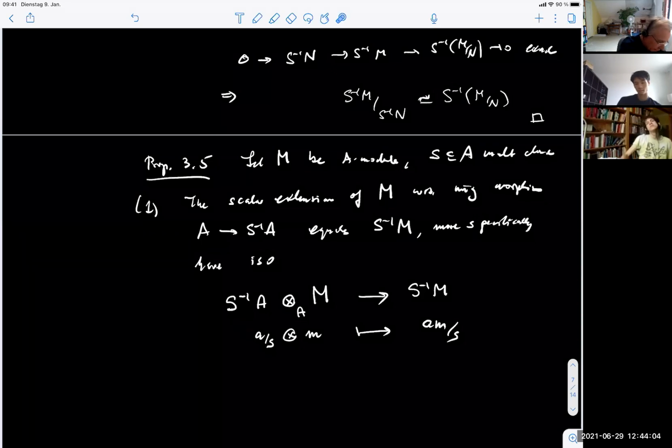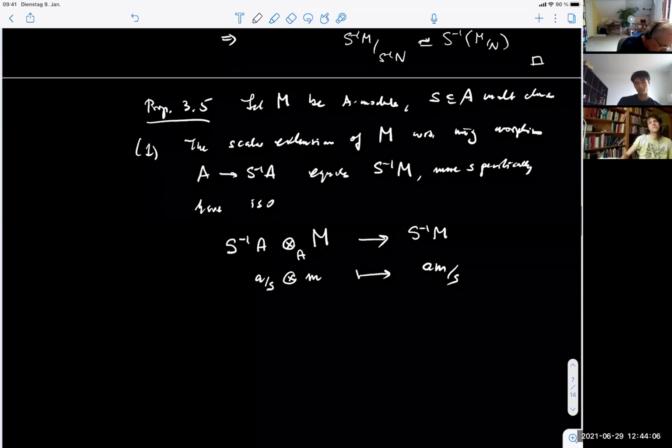And then the next statement is, this is also true with regard to the maps. I can also scalar extend A-linear maps, but I also have localization of A-linear maps, and this is all the same. So let me write, that's also very important.